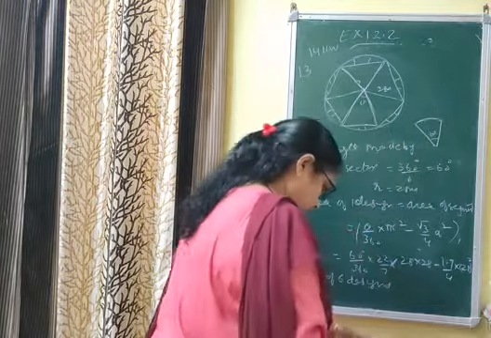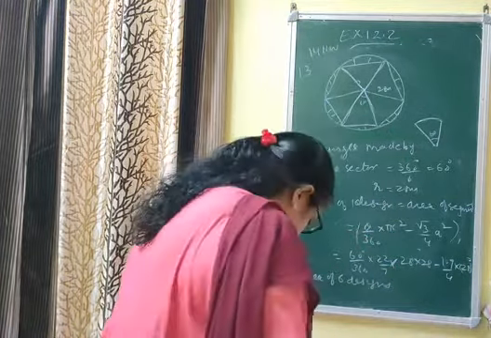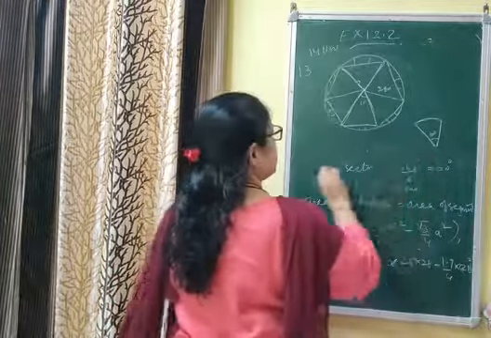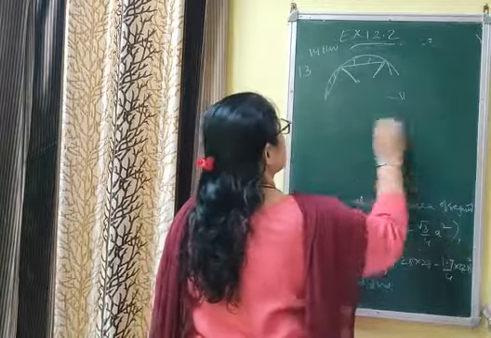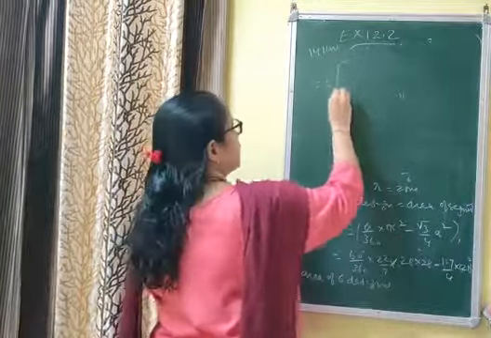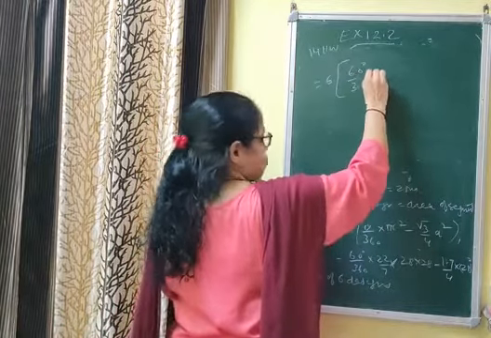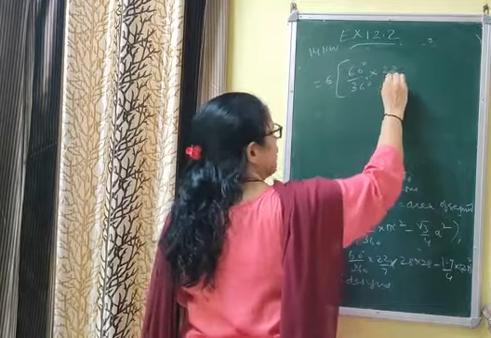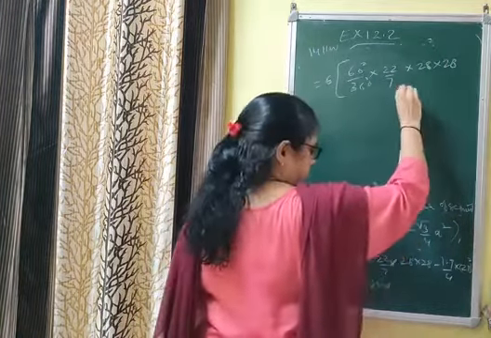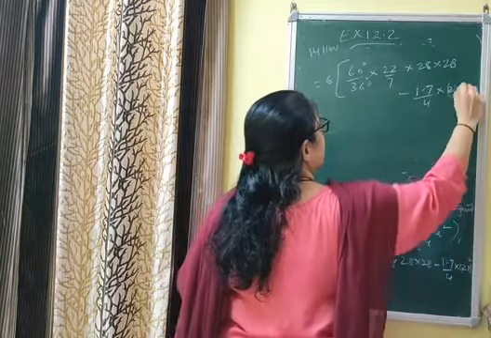That is, if you multiply this by 6, you will get the value of this one as: 6 into 60 by 360 into 22/7 into 28 into 28 minus, लास्ट में एक साथ मल्टीप्लाई करेंगे, 4 into 28².